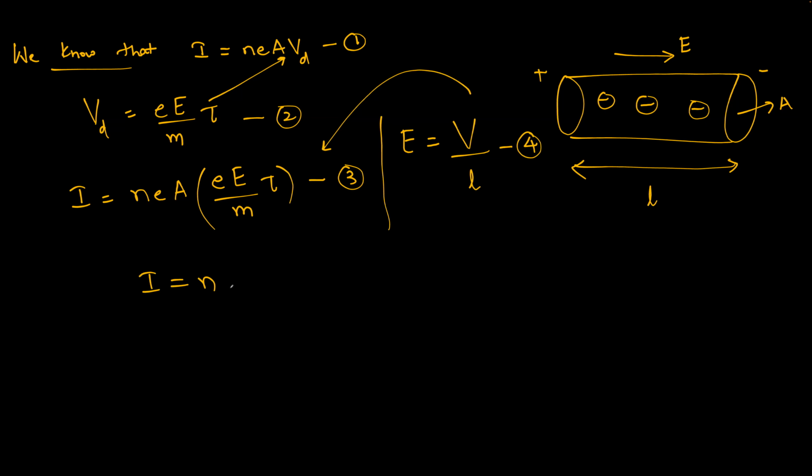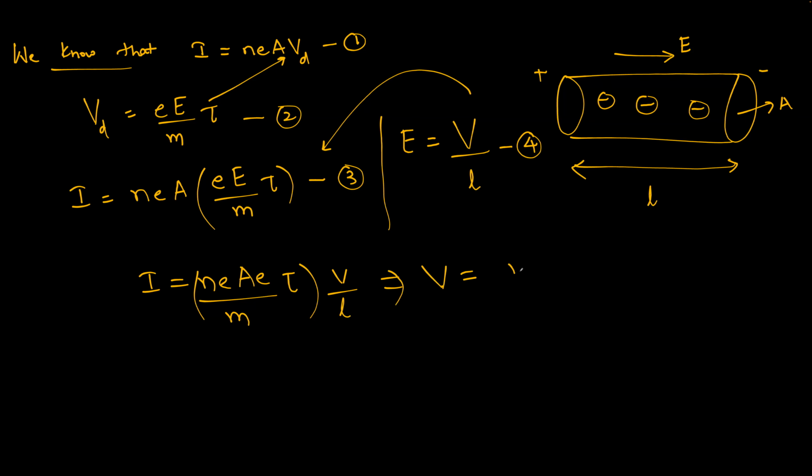I will be equal to nEA into E divided by m into tau, and in the place of E, I will replace it with V divided by L. Now I'm going to rearrange this equation. I'll keep this V on the left hand side, and all other parameters will get shifted to the right.